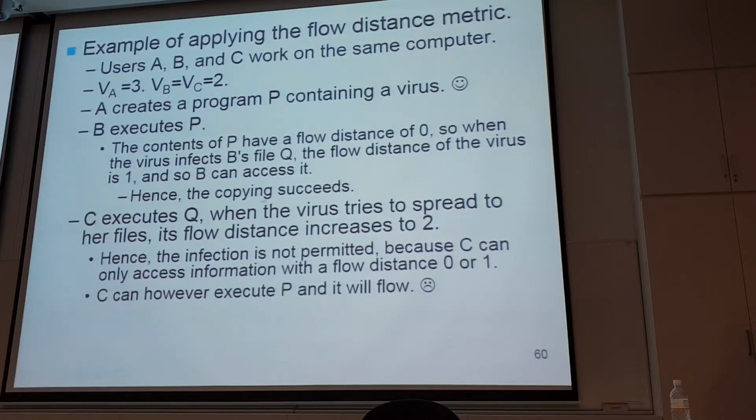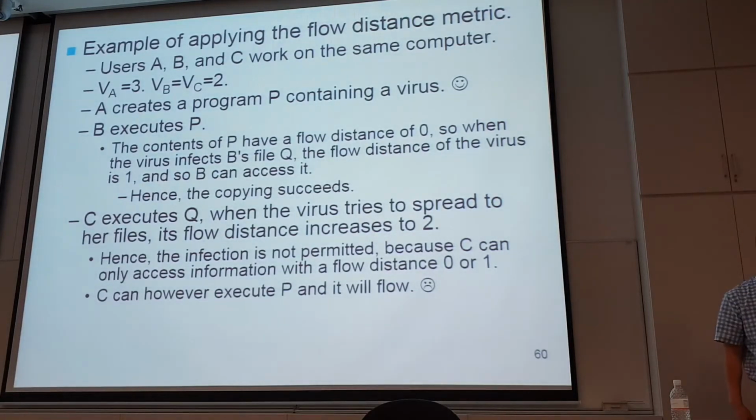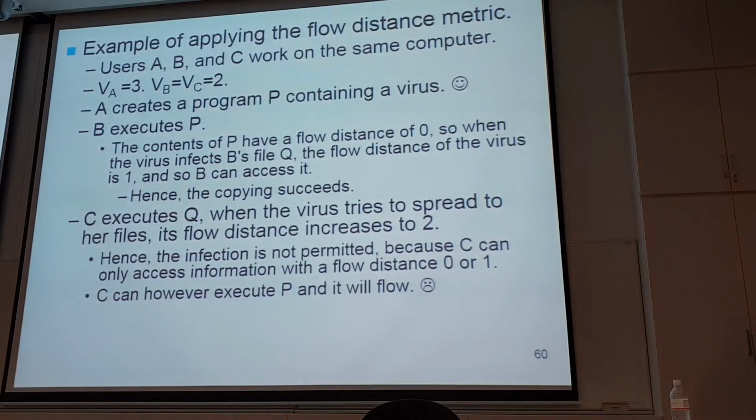That means this infection will be disallowed because the flow distance will be greater than or equal to the threshold. So we only allow this kind of copy operation to succeed when the flow distance is below the threshold. Right, so this is one way to restrict the domain the virus can spread.